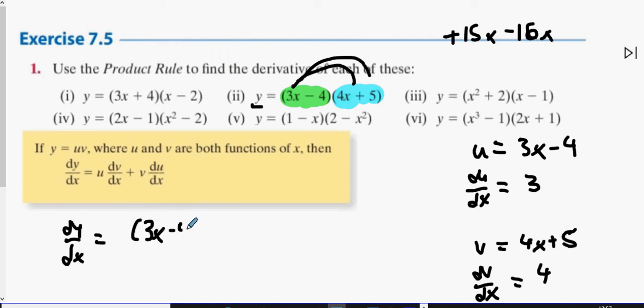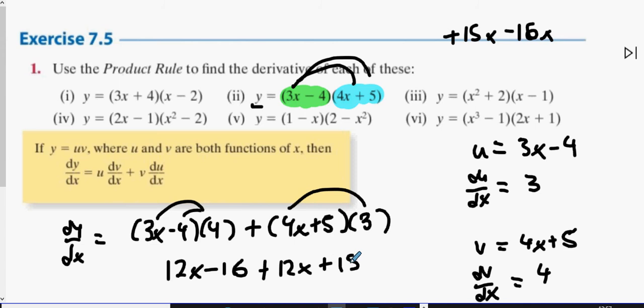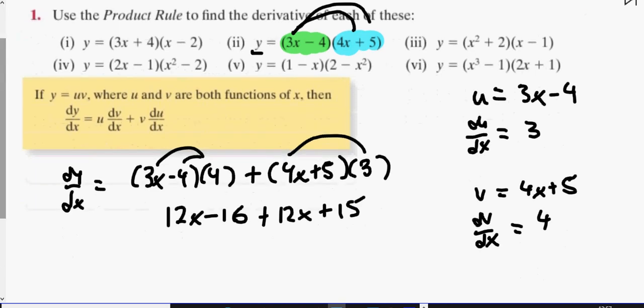And what's the dv/dx? 4. 3x plus 5 times 4, and what's the du/dx? 3. Multiply it out, and what do we get? 12x minus 16, and then this one, so it's 12x plus 15. What do we get as our answer? That's the same answer we got the other way, wasn't it? Okay.